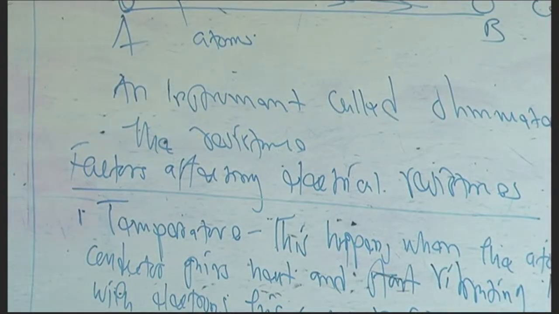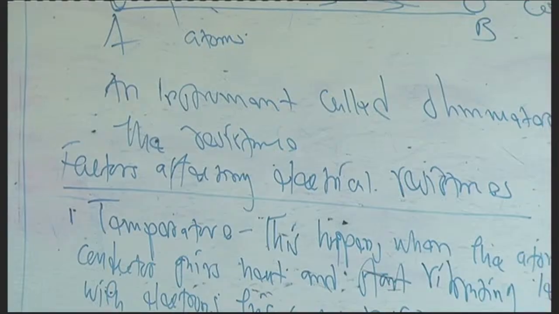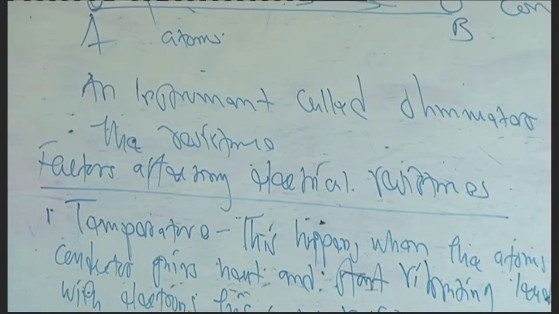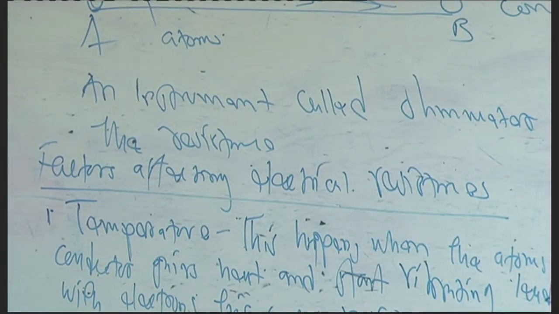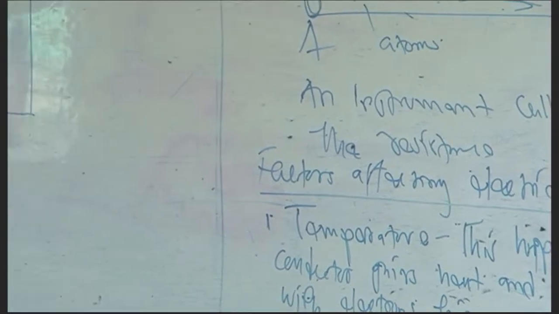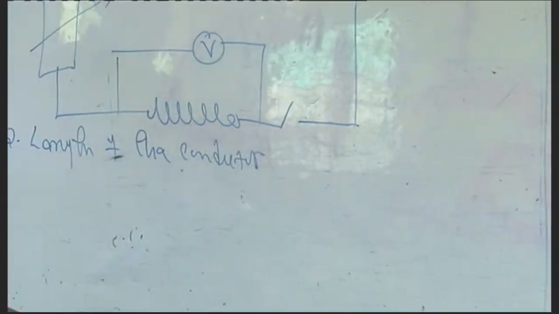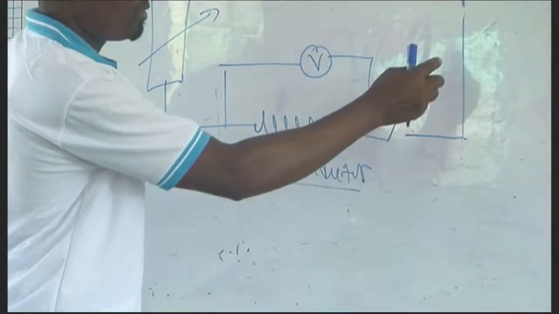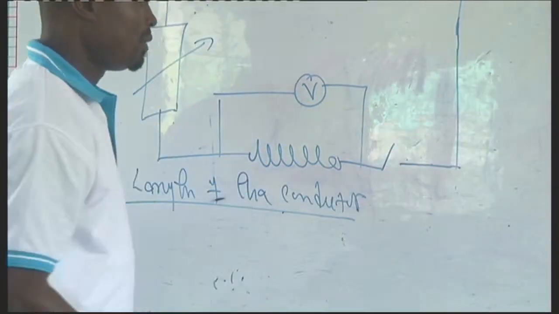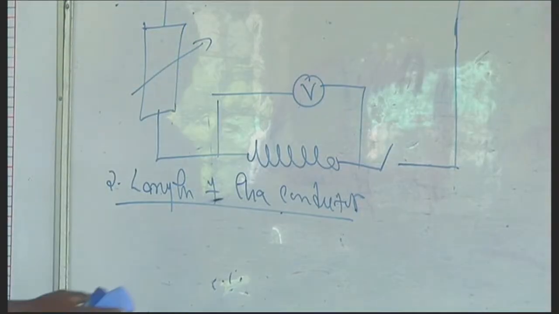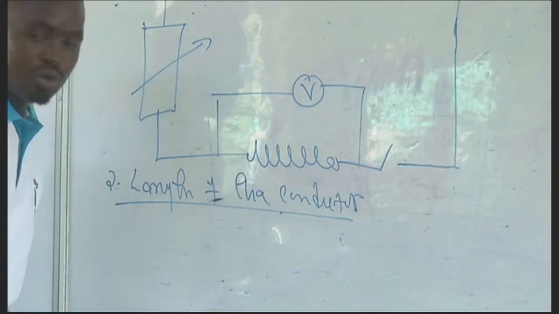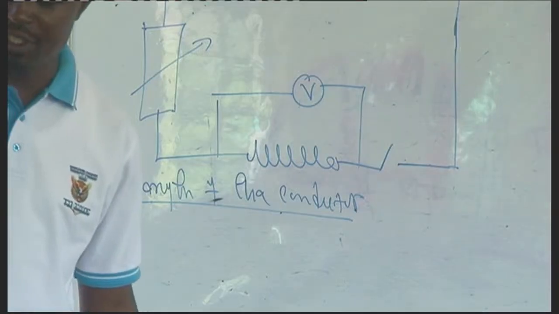Now, number two is length of the conductor. Length, this is one factor. Conductors here are the connecting wires. These connecting wires, how should we control them so that we minimize resistance?